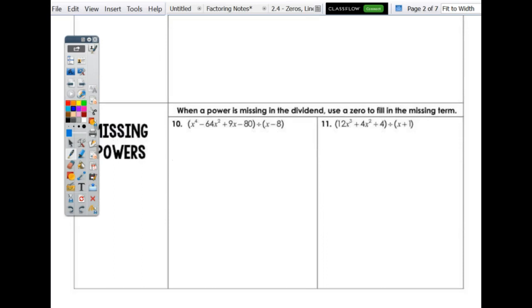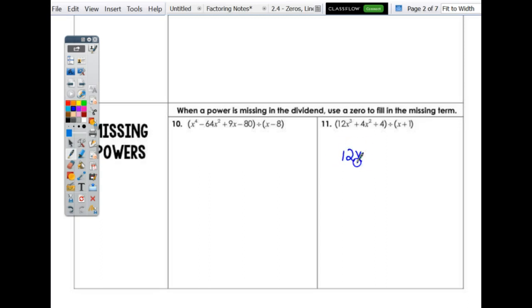I'm going to do this one right here. Which one? 11? Yes. So, when I do this one, if you look, what is missing? I'm missing the x, right? You have to have one of everything. So when you write that out, you have to fill this.